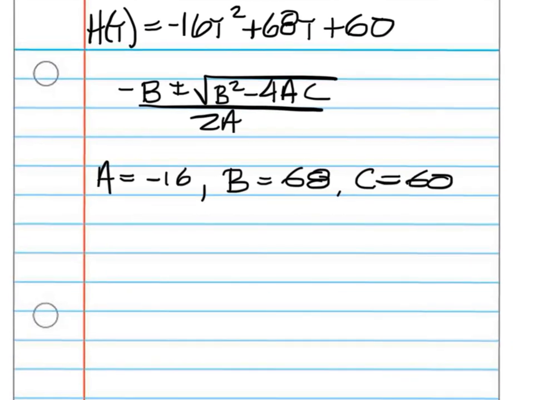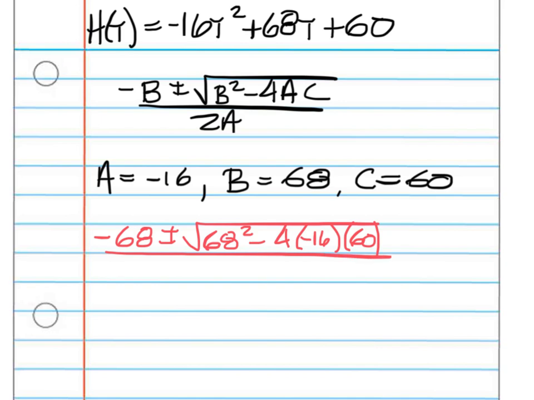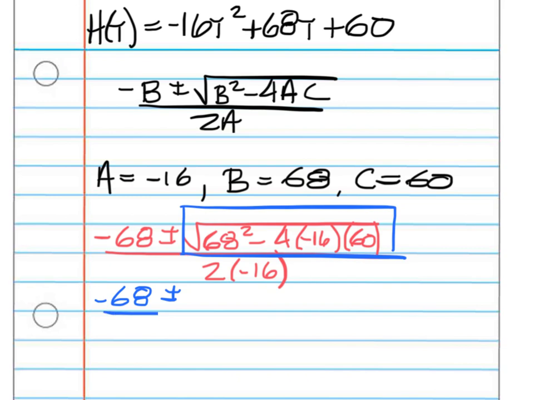So we have to plug in that information and come up with negative 68 plus or minus the square root of 68 squared minus 4 times negative 16 times 60. All of that is going to be over 2 times negative 16. On the bottom, we already know that's a negative 32.